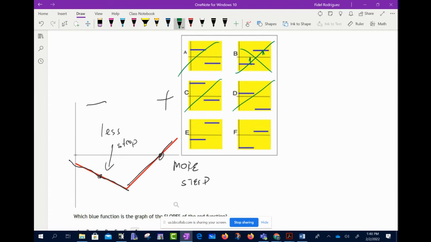Yeah, okay, so we don't want that one. Looking at E and F, the distance from the x-axis to the positive part, we want it to be bigger. Would I pick E or would I pick F? E. And then you got it. Okay. Does that make sense?